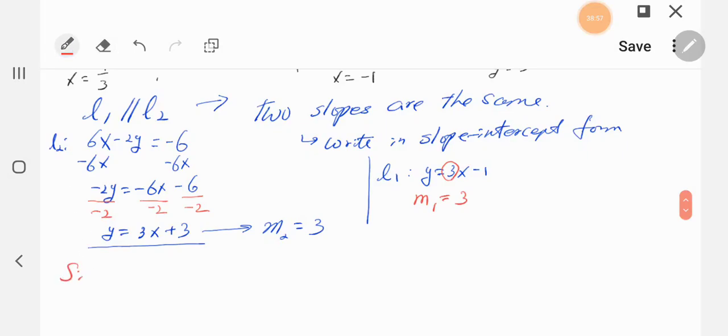So let me write it down: since the slope of line 1 is equal to the slope of line 2, line 1 is parallel to line 2, right? Therefore, there is no solution. Make sense?